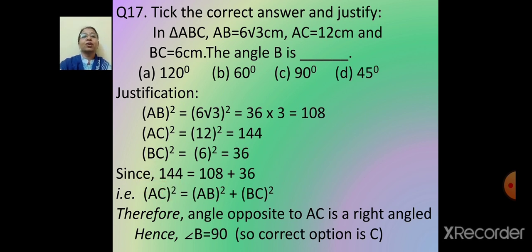So therefore angle opposite to AC is a right angle. So what will be the angle opposite to AC? That will be angle B, and B is equal to 90 degree. So the correct option is C. The measure of angle B is 90 degree.